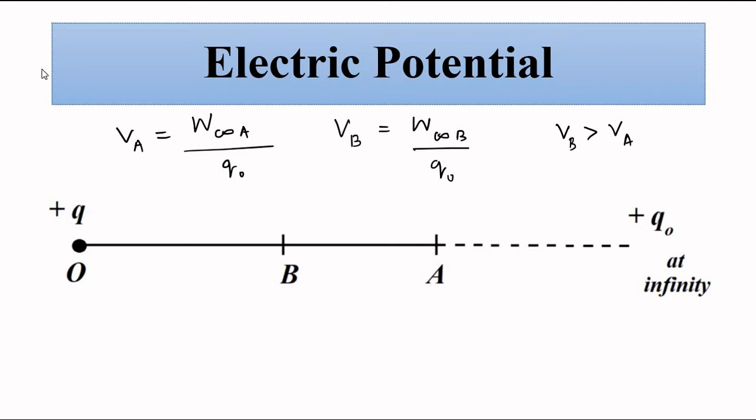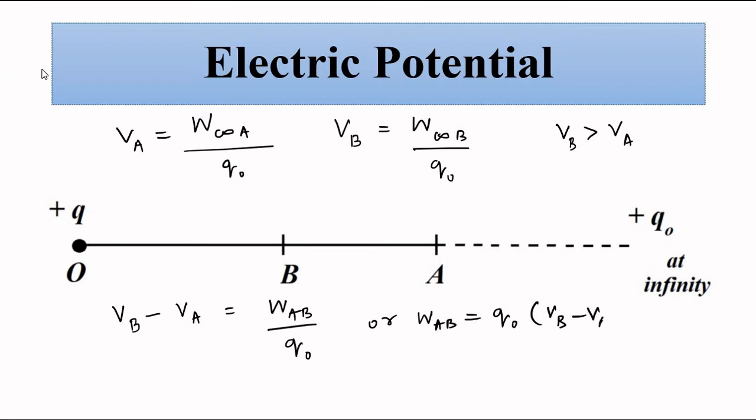Then the potential difference between two points, VB and VA, will be the work done in moving the test charge from A to B divided by Q0, or that can be expressed as WAB is equal to Q0 into (VB minus VA). Up to this we are clear.